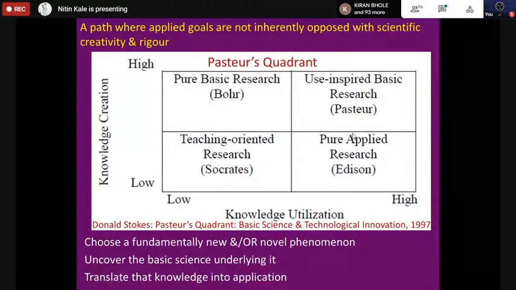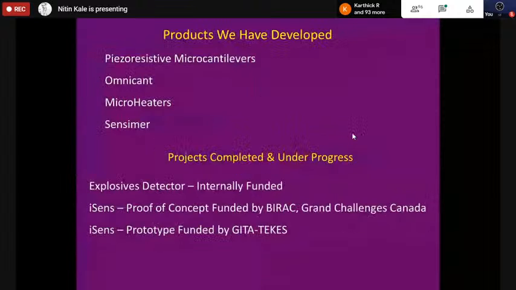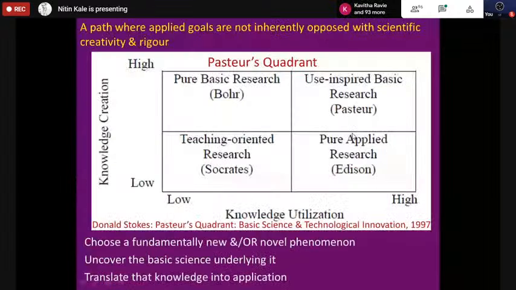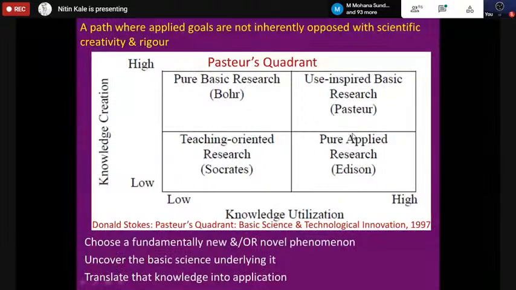The other example is pure applied research. The example is Edison, who of course created that bulb. In his case, the knowledge utilization is high, but the knowledge creation is low.